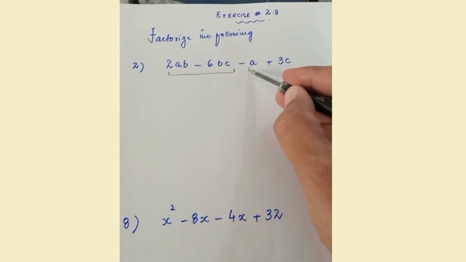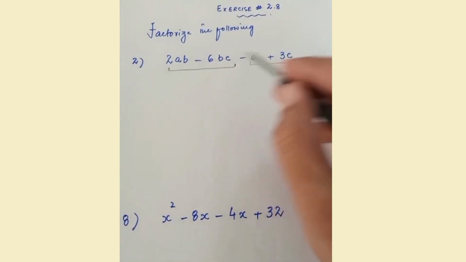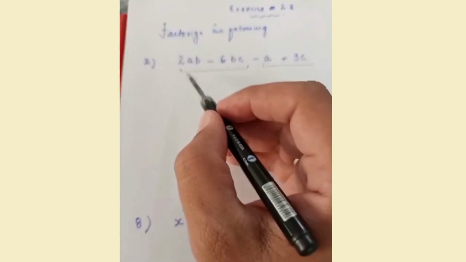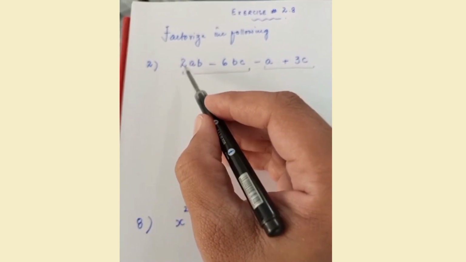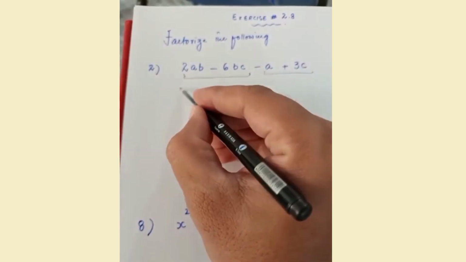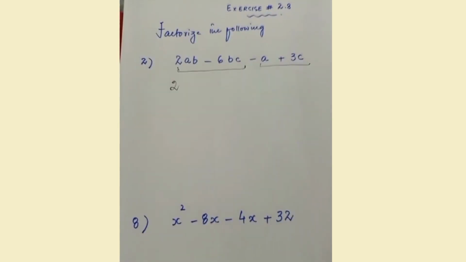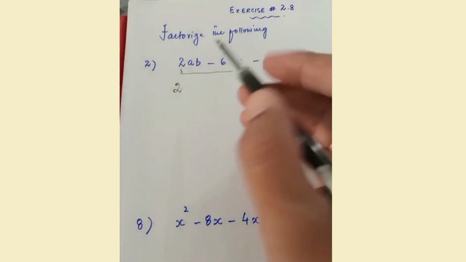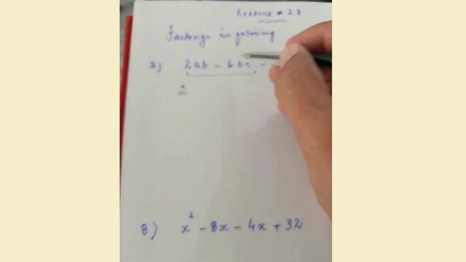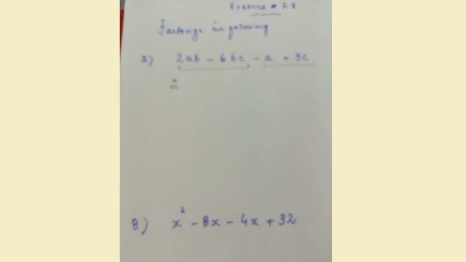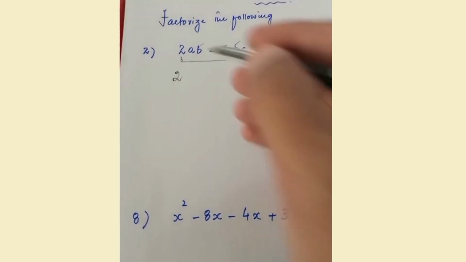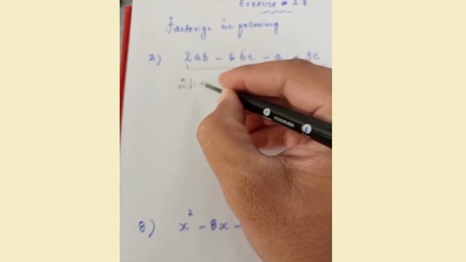Pair means two: first we take the first two elements and the last two elements, and we make the pairs. Which thing is common over there? First of all, 2 and 6: 2 is common. The rest is A, B and B, C: B can be taken as common. So we can write 2B.